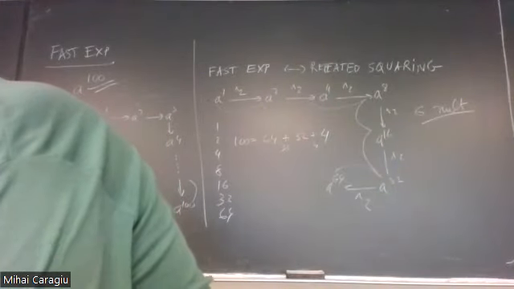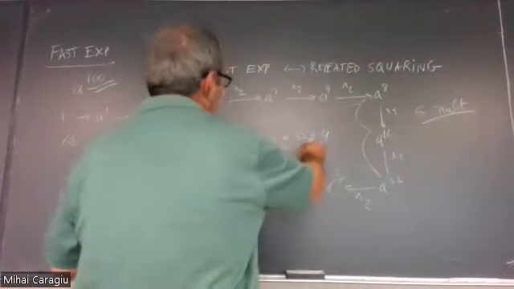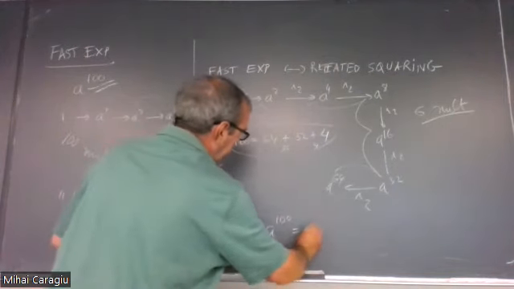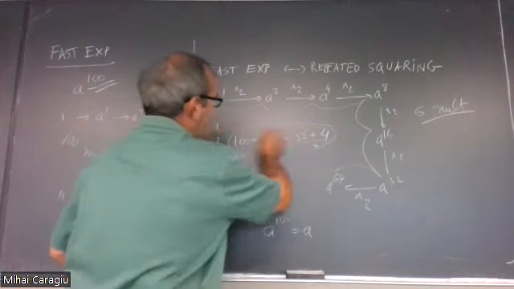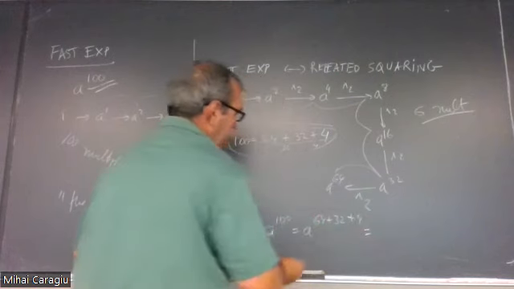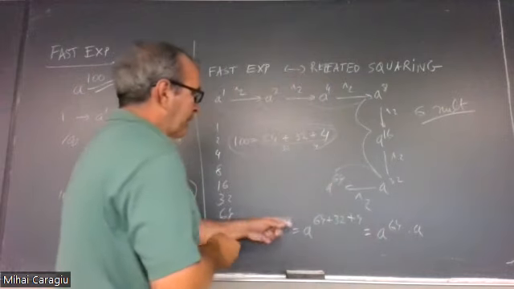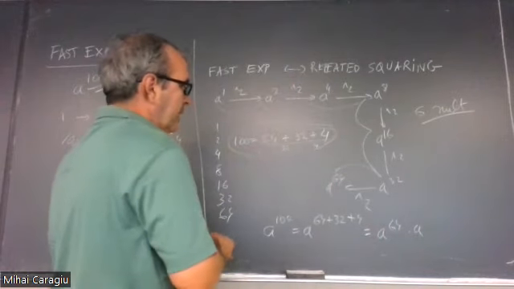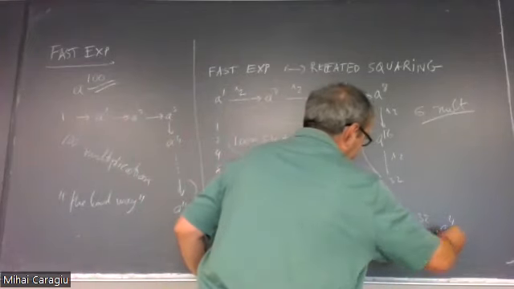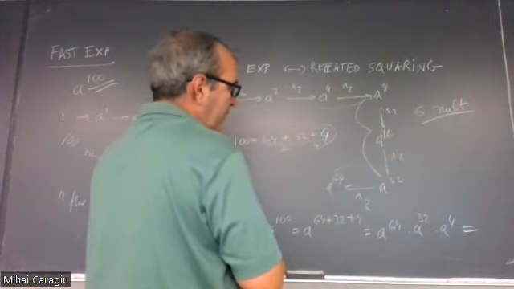Okay, so once we got this, that's very important too. We get a to the power 100. What would a to the power 100 be? Because we wrote 100 as the sum of those exponents, it's a to the power 64 plus 32 plus 4, which by college algebra, the exponential of a sum is the product of the exponentials. A to the power 64 times a to the power 32 times a to the power 4. How many multiplications do you need to multiply 3 numbers?